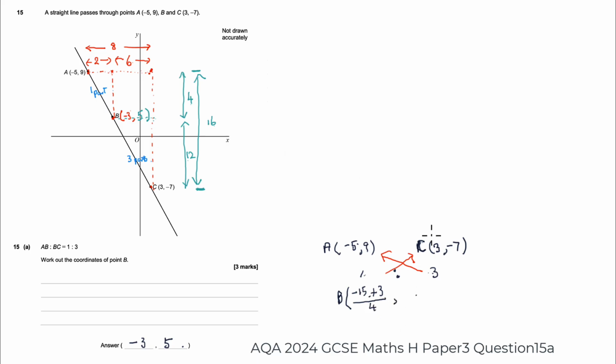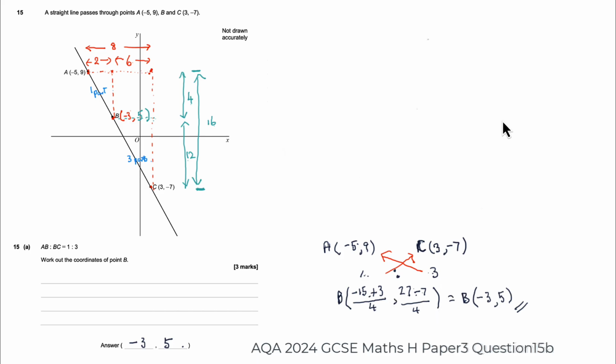The y-coordinate of B, we do the same for the y-coordinates, 3 times 9, 27, 1 times -7, that's -7, divided by 1 plus 3, which is 4. So B has coordinates, -15 plus 3 is -12, divided by 4 is -3. 27 minus 7 is 20, 20 divided by 4 is 5. So that's another way of getting the point B.